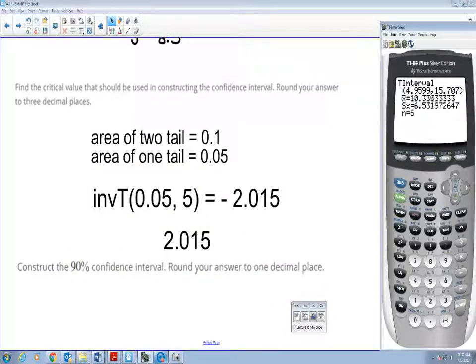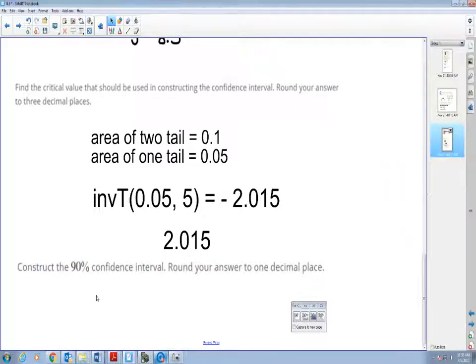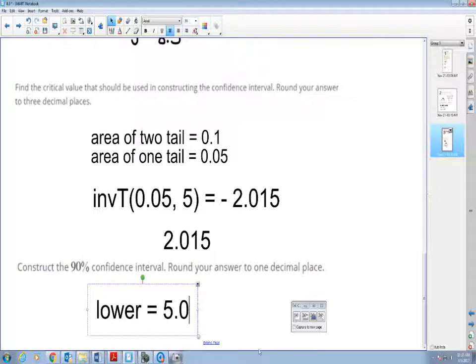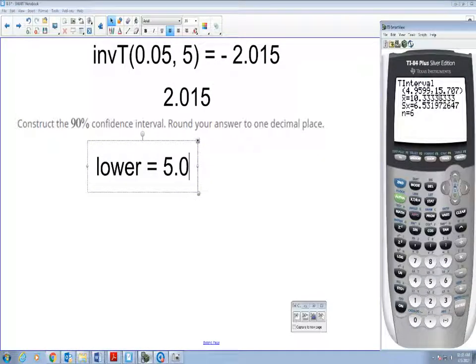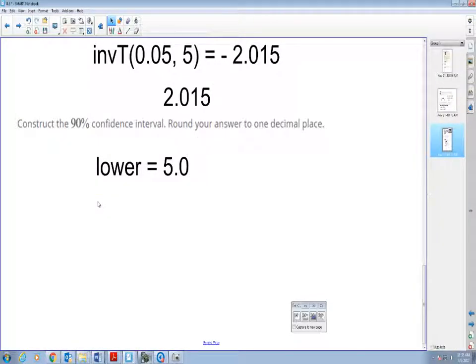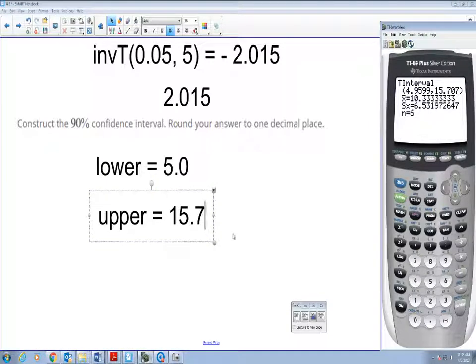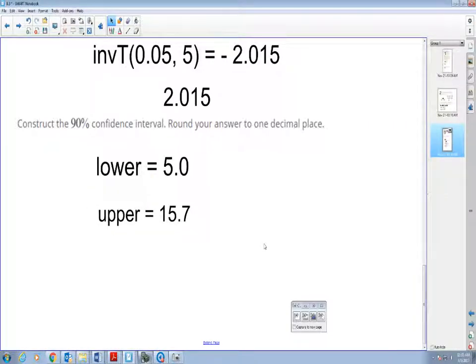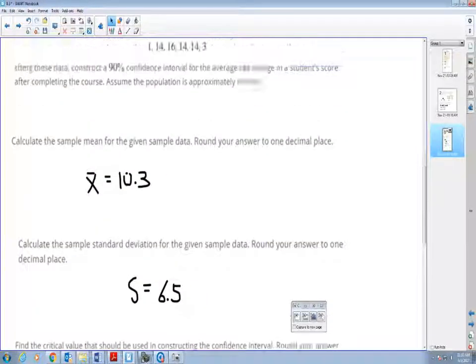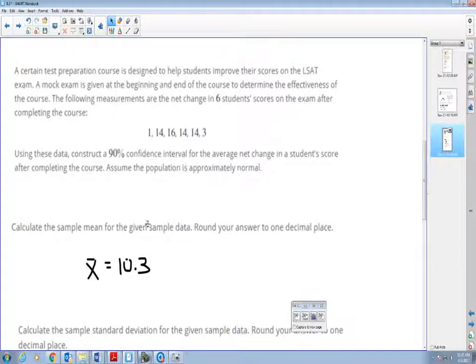My confidence level already shows right here. Rounded to 1 decimal place, my lower bound is 5.0 and my upper bound is about 15.7. So what the problem is saying is that these numbers mean the net change.